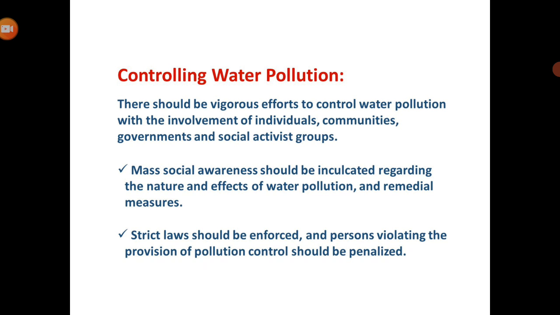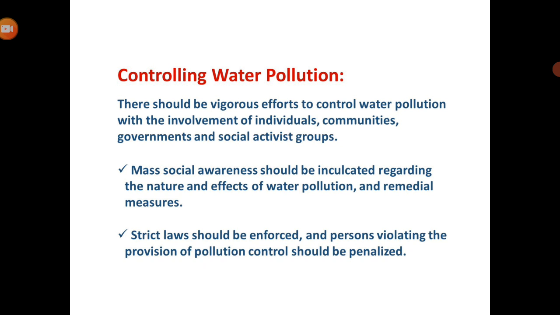Let us see the control of water pollution. Water pollution is the main problem that exists all over the world, not only in well-developed countries; developing countries also face water pollution as the main problem. So this water pollution can be controlled only with the involvement of state and central government.